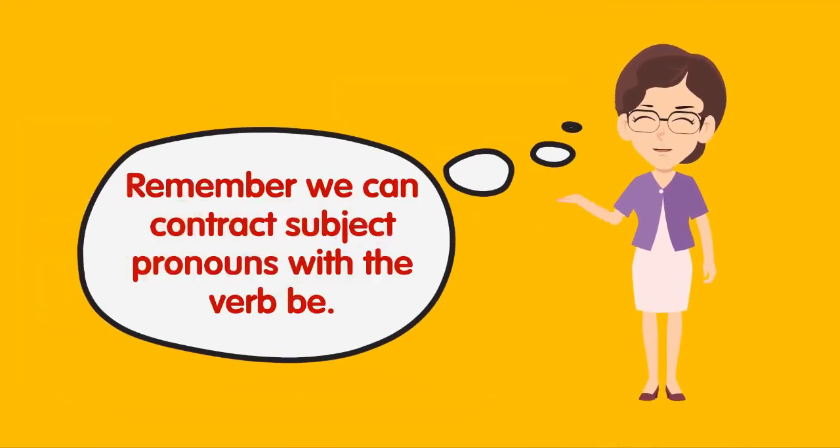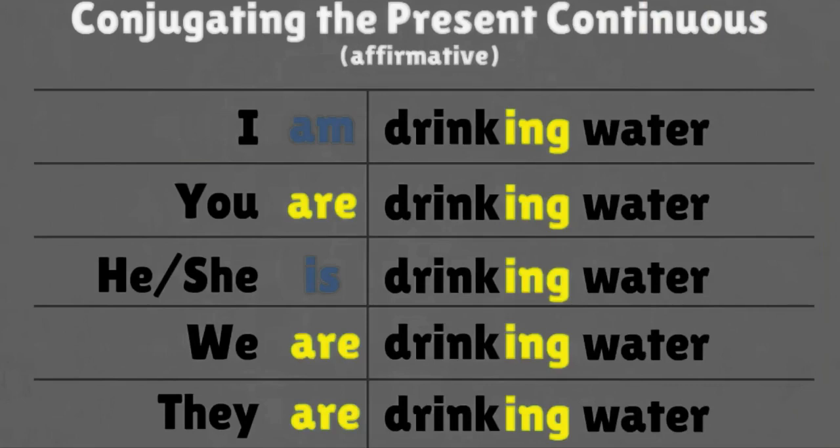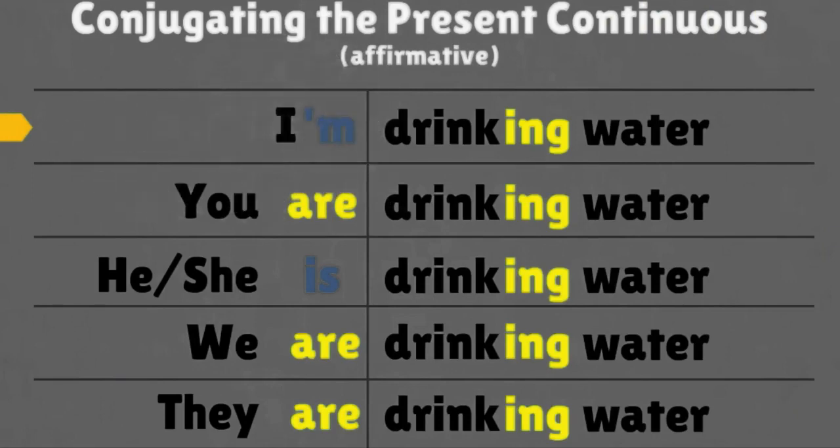Remember, we can contract subject pronouns with the verb be. I am, I'm. You are, you're.